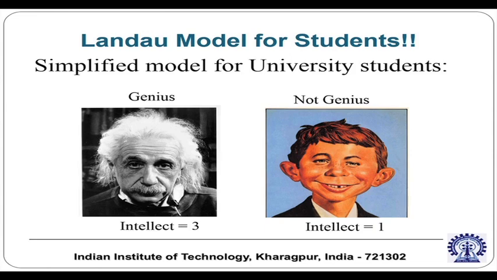There is a genius, like an Einstein type of personality, who has an intellect of 3 out of 3, and there is a student not so genius, maybe the facial appearance reflects it. This student has an intellect of 1.